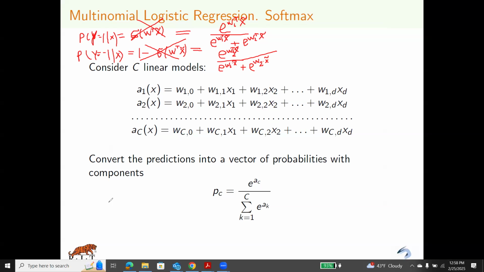So let's write down the probability. In this paperwork, I denote the first probability by P with index W1 of X, because it depends on the weights with index 1, and it also depends on the point X. Here is the linear function.